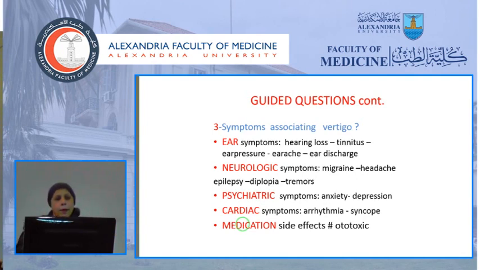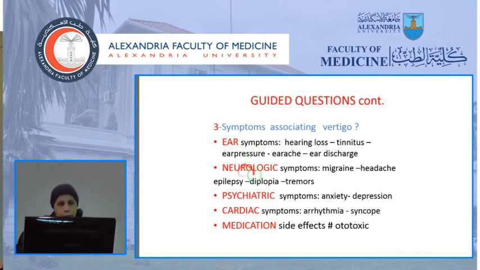So we have to look at other accompanying symptoms. These are either ear symptoms like hearing loss, tinnitus, ear pressure, earache, or ear discharge, etc. So if it's accompanied by ear symptoms, the problem may be related to the ear.